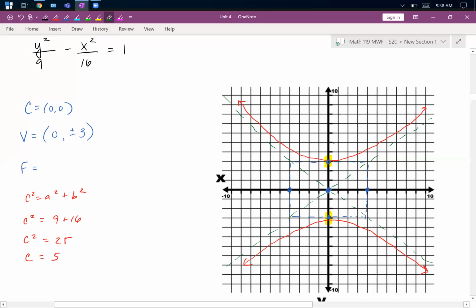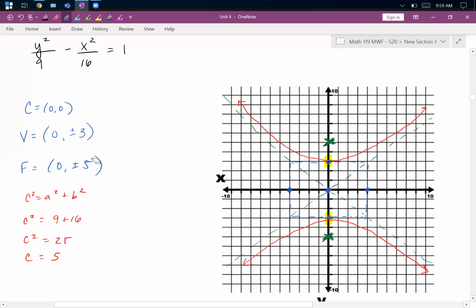So they're going to have to be like here and here. And we're going 5 units from our center. This is vertical, so we're adding to the vertical component of our center. Our foci are going to be at (0, 5) and (0, -5).